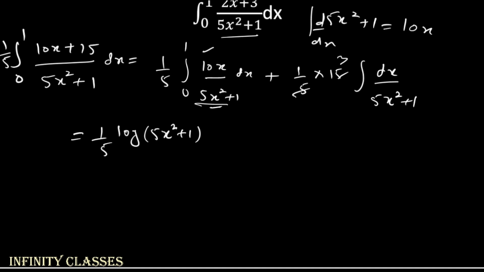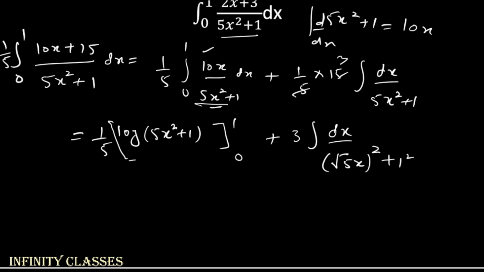And next we will put this upper limit and lower limit as 0 to 1. Now next one, this is 3, and we will convert this into a standard form, which is root 5x whole square plus 1 square. Actually this is the standard form of dx upon x square plus a square.